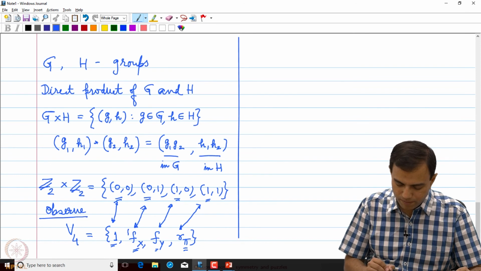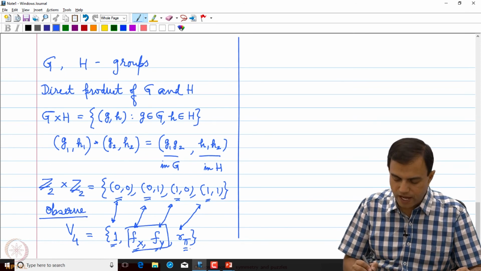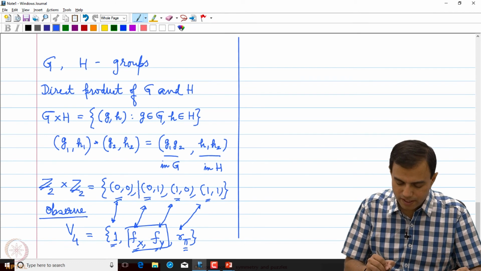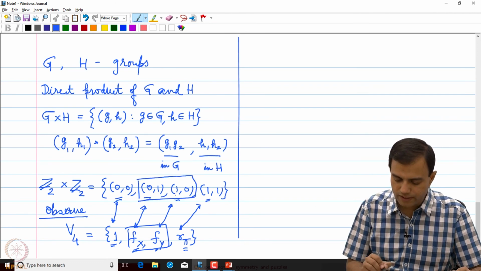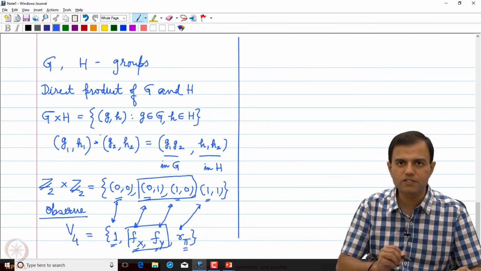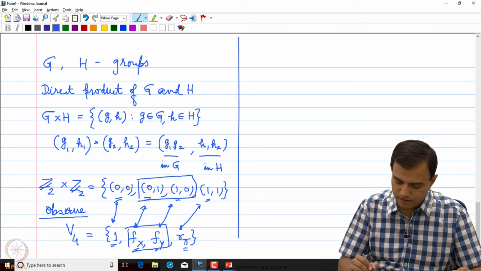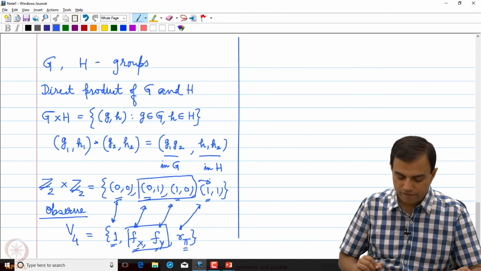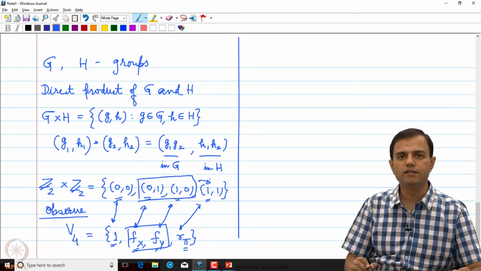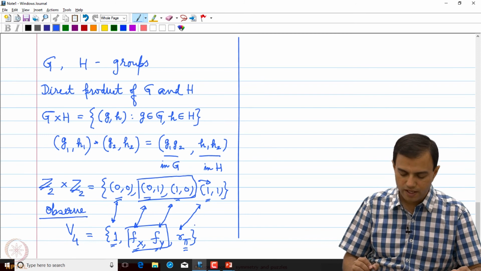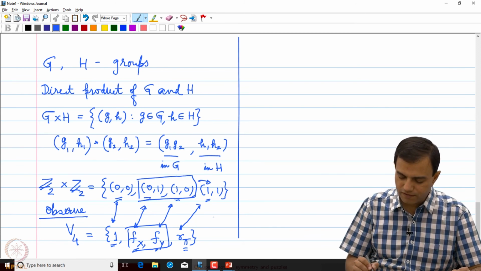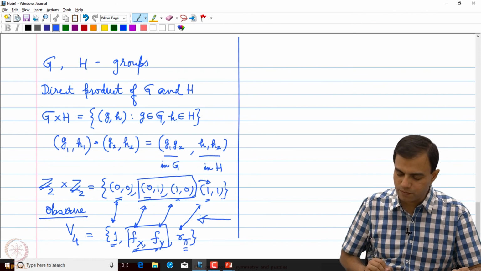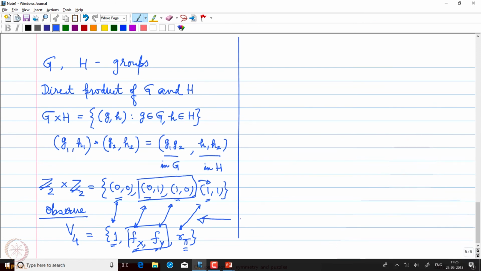Moreover, when you compose fx and fy, you get r pi, you remember? Similarly, when you compose 0 1 and 1 0 in the sense of direct product, you actually get this one. In fact, all the group operation relations which are there are preserved when you make this kind of assignment. So this correspondence preserves group operations.